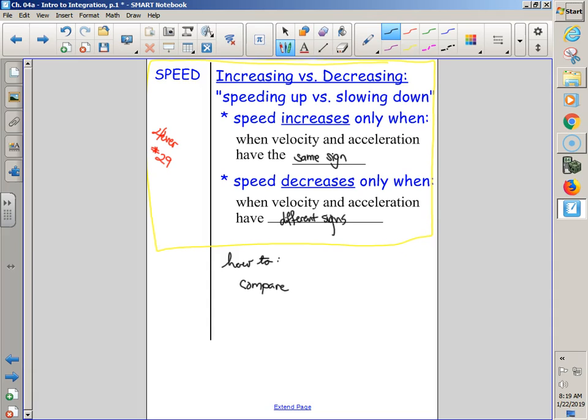But the how-to of speed increasing and decreasing is compare the sign charts of velocity and acceleration.